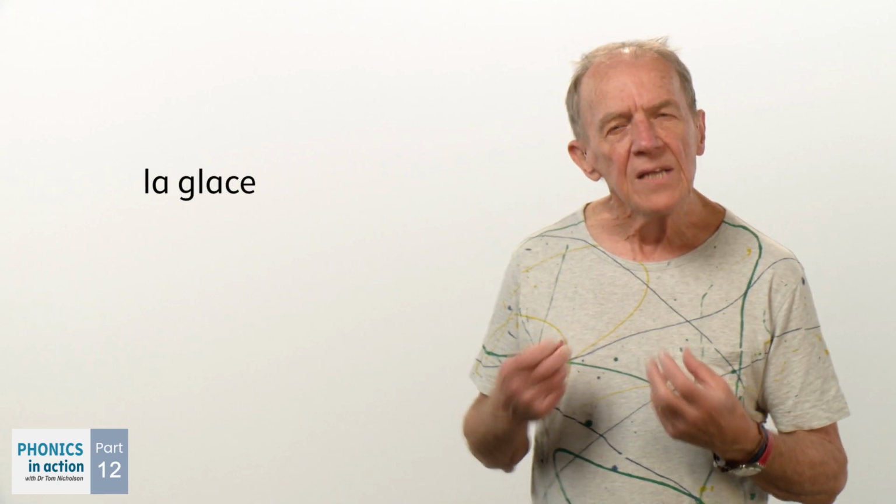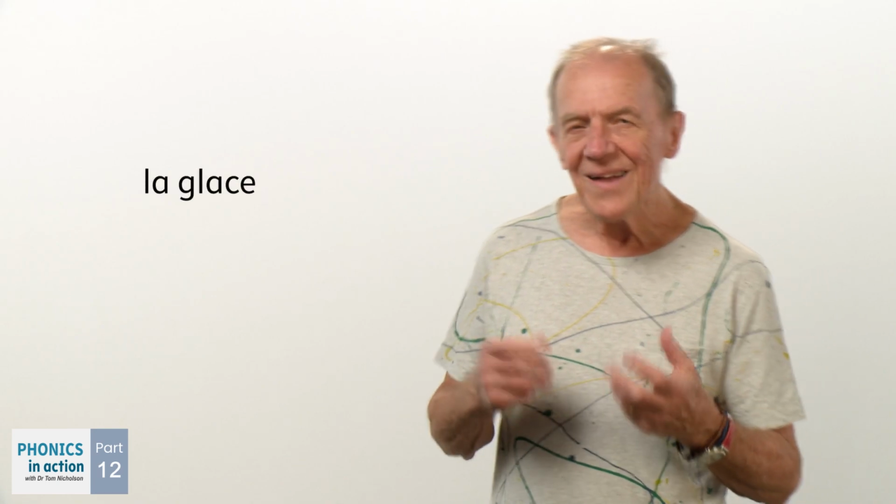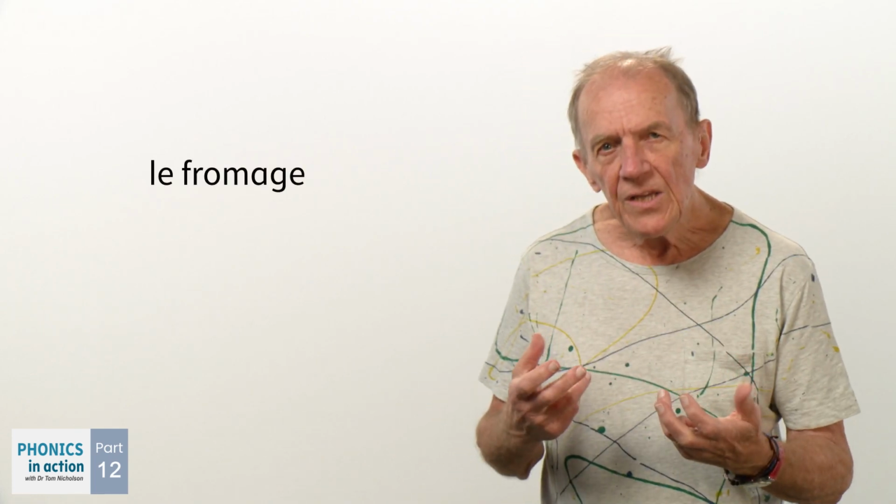In their words, the sound of the letter C had weakened from a K sound to a S sound, like in French words like la glace, meaning ice cream, and le lycée, meaning school. It seems it was a similar process for the letter G. It weakened from a G to a J, as in le fromage, meaning cheese, and l'agence, meaning agency.